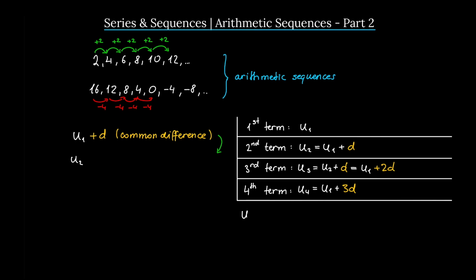In order to find the nth term un, we always need to add u1 with n minus 1 of those differences. So u1 plus n minus 1 times the common difference. Thus here, we have arrived at the general formula for the general term of an arithmetic sequence.